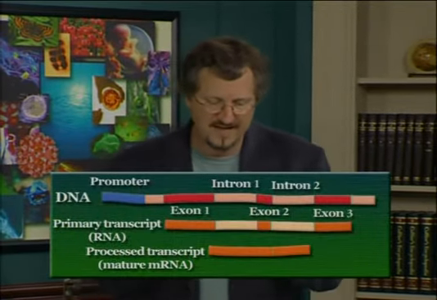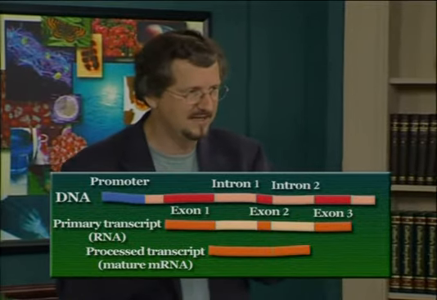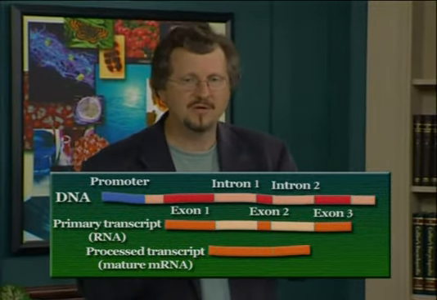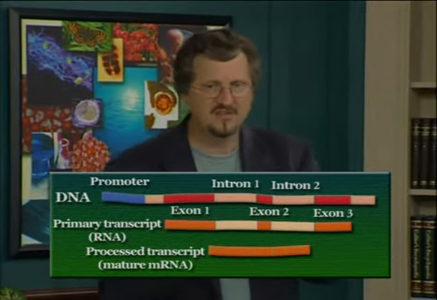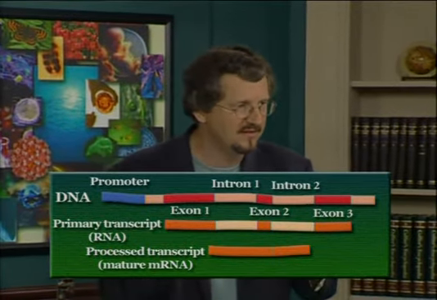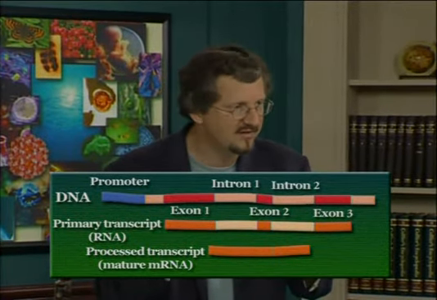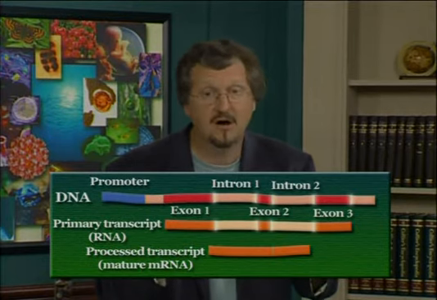The first thing that has to be done, I'll just describe this briefly, is that the boundaries between introns and exons have to be recognized. And the only way to do this, you can imagine, is if there are particular sequences of bases that are characteristic of those boundaries. And indeed, there are.